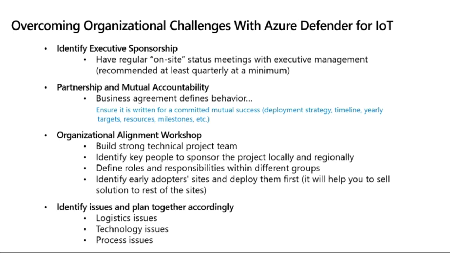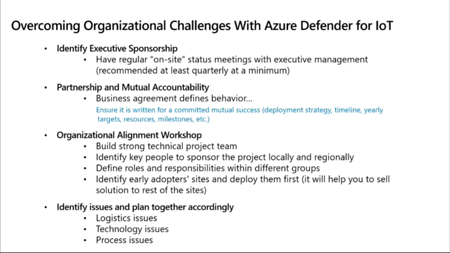The earlier that you identify them, the earlier that you introduce this to them and keep an open ear to their needs and requests, the stronger the relationship is and the shorter the turnaround on the deployment of the process will be. And always try to identify as early as possible logistic issues, technology issues, process issues.